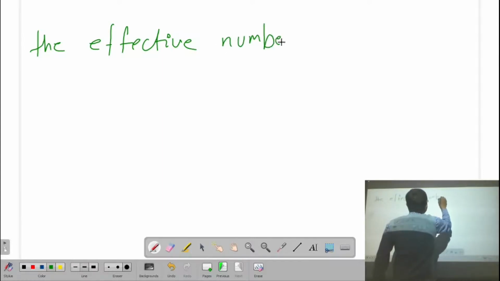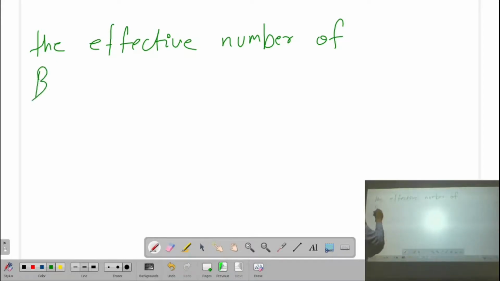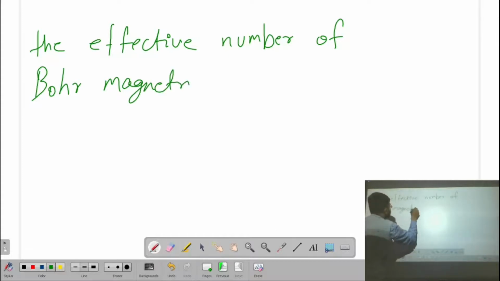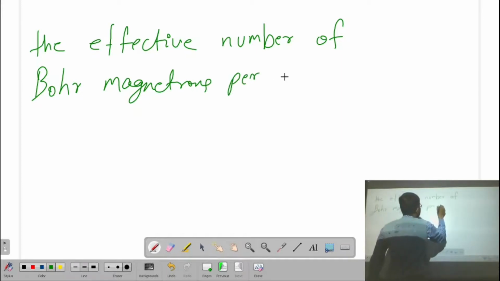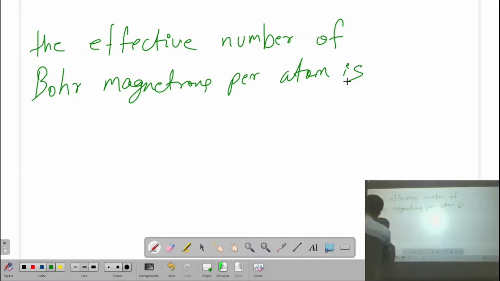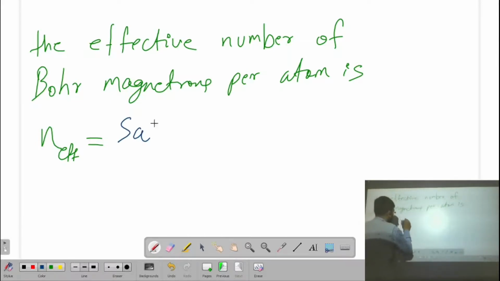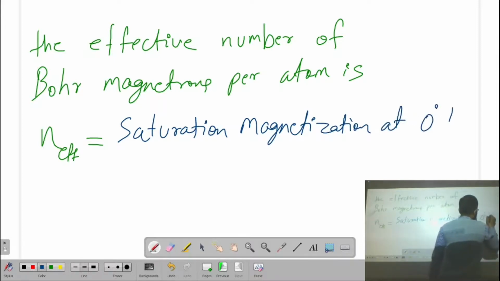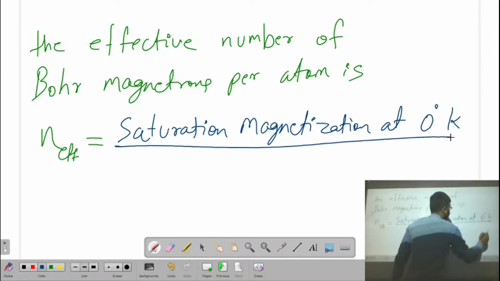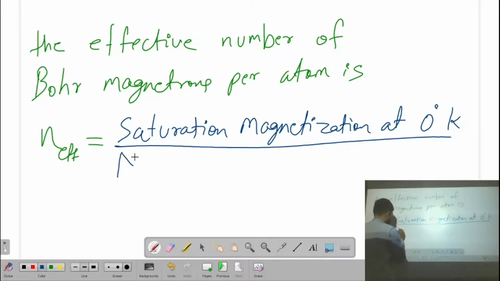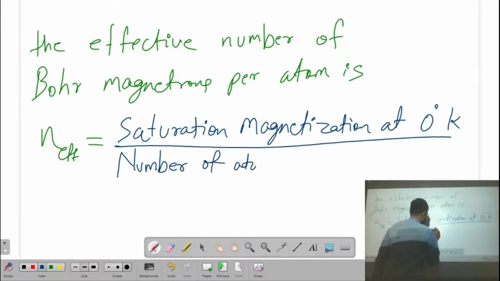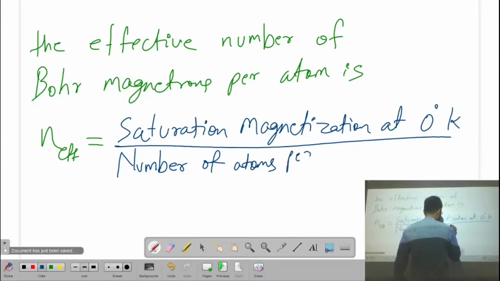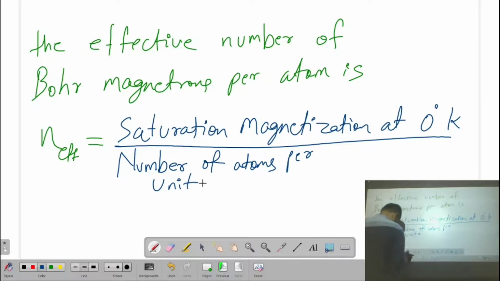The effective number of Bohr magnetons per atom, n effective, is equal to the saturation magnetization at 0 degree Kelvin divided by the number of atoms per unit volume.